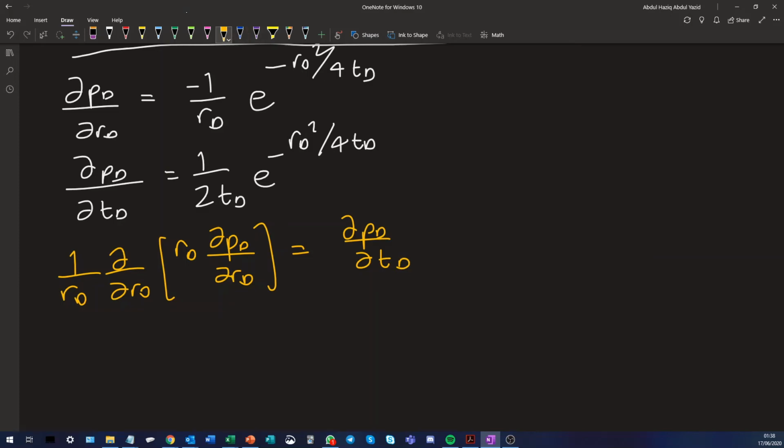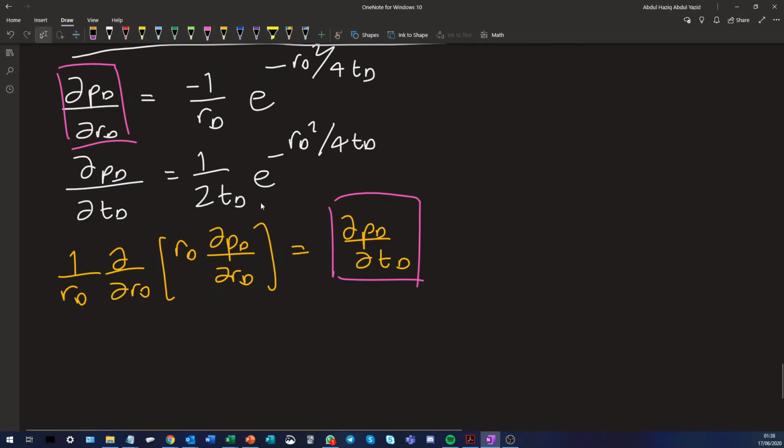So what do we already have? Well, we already have this done, but this is not actually 1 over r sub d, ∂ over ∂r sub d, of r sub d ∂p sub d over ∂r sub d. Okay, so let's actually look at how we can break that. I'll use white again. 1 over r sub d, ∂ over ∂r sub d.